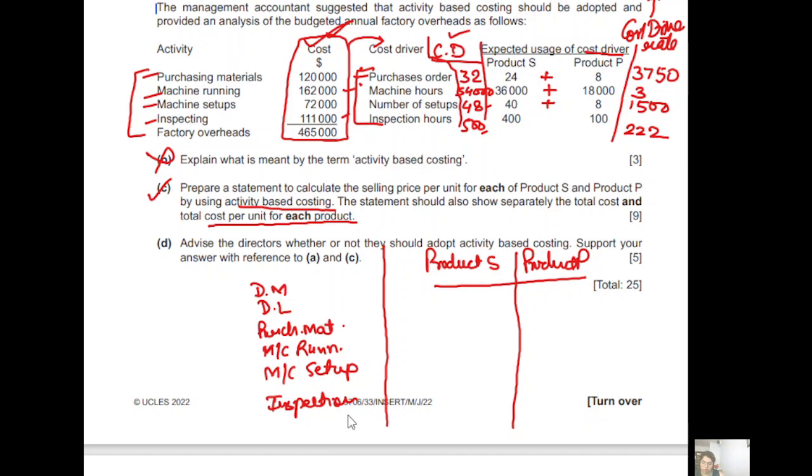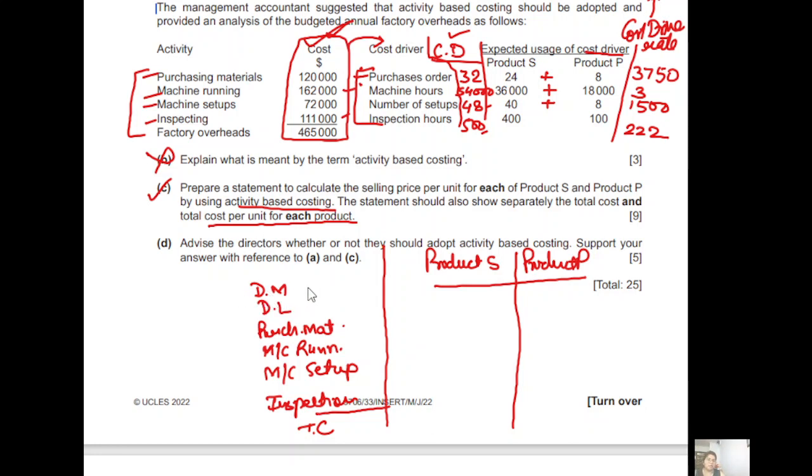Then you will find out your total cost, and if you need per unit, yes, here we need per unit, so we can divide by units later on, but first learn this thing.